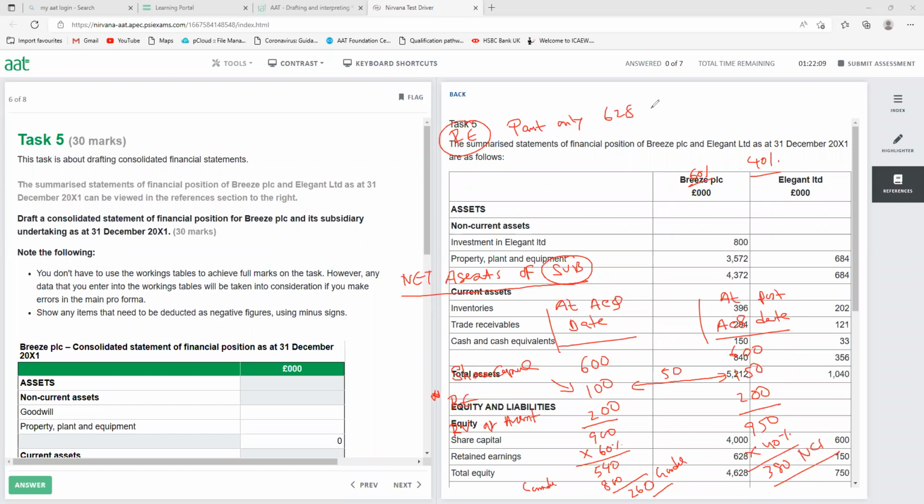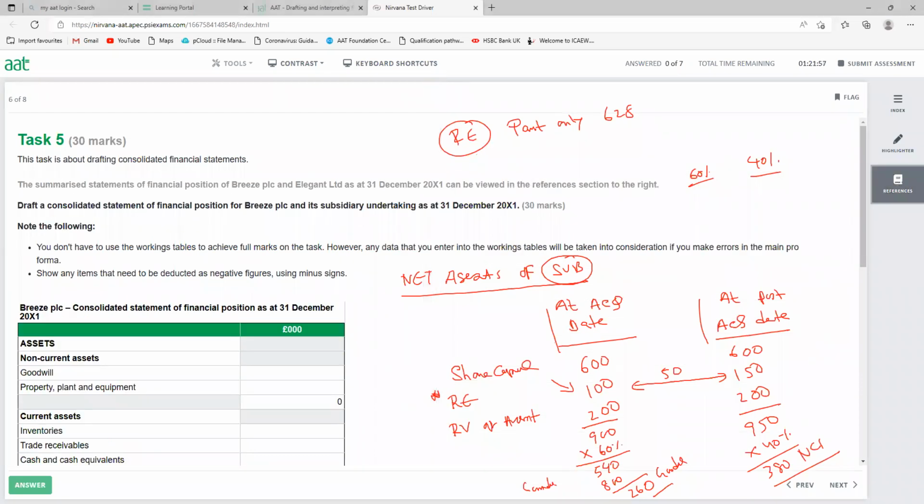628. And the next thing we need to remember, we only take the profit we make when we are together. That means, if you remember this calculation, from the acquisition date to the post-acquisition date, we make only £50 profit. From this £50, I have 60%, right? Because I take 60% and the subsidiary takes 40%.